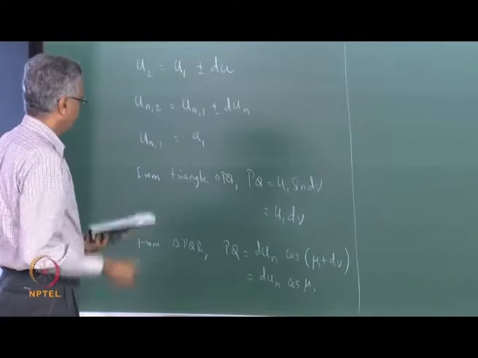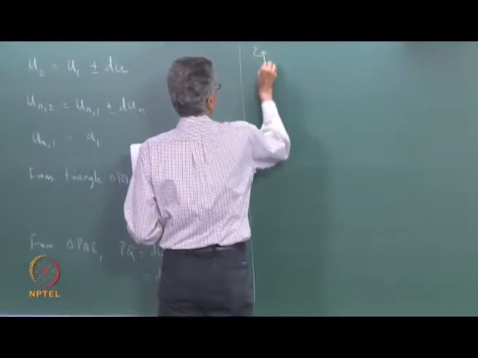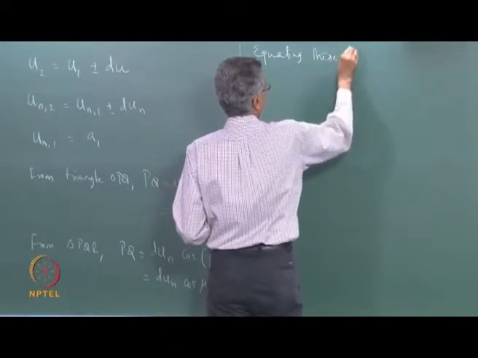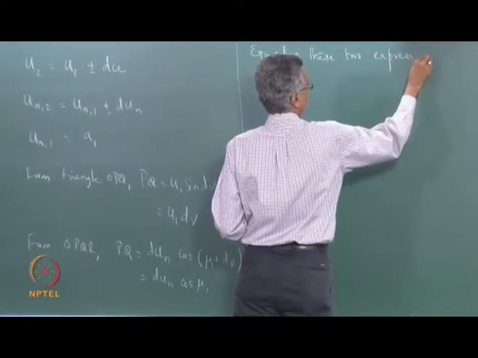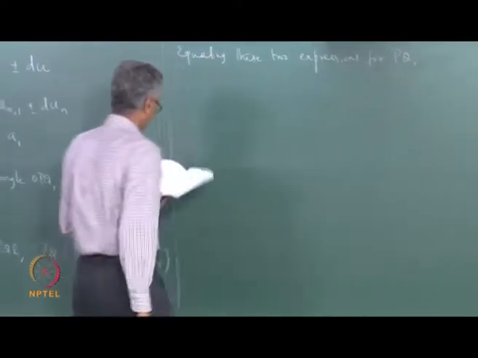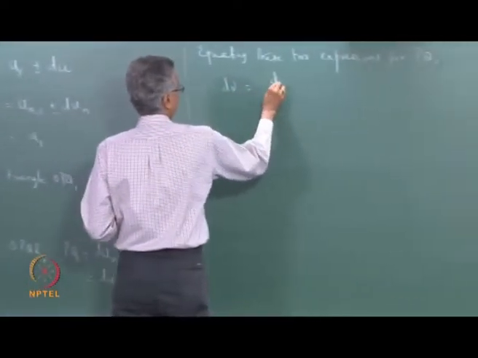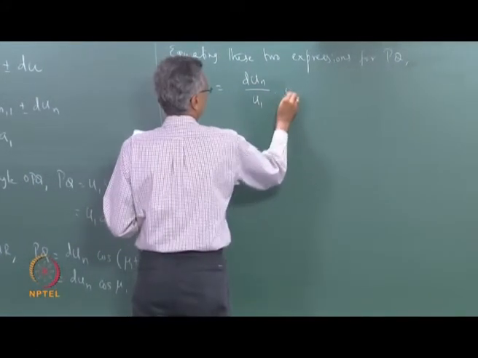If we equate these two expressions for PQ, we get d nu is equal to dun over u1 times cosine mu1.